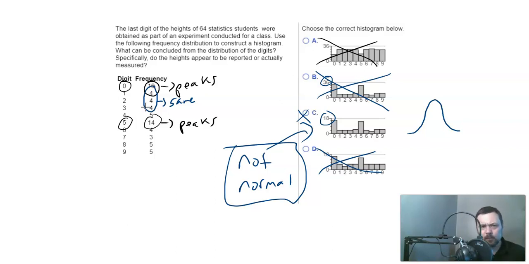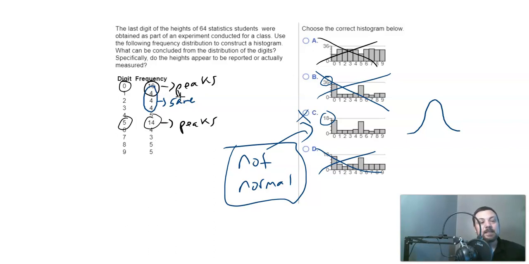You would expect a uniform distribution, right? You expect about the same number of zeros as you have ones, as you have twos, as you have threes, which is what happens for 1, 2, 3, and 4, and 6, 7, 8, and 9, right? Those are fairly equally spread out. There's the same number of data values in each of those classes.